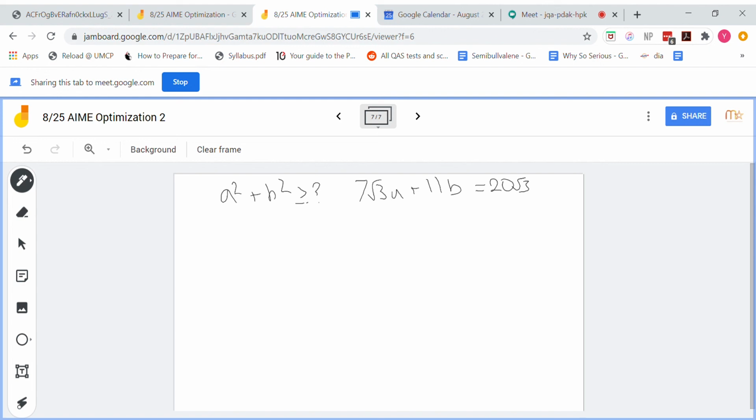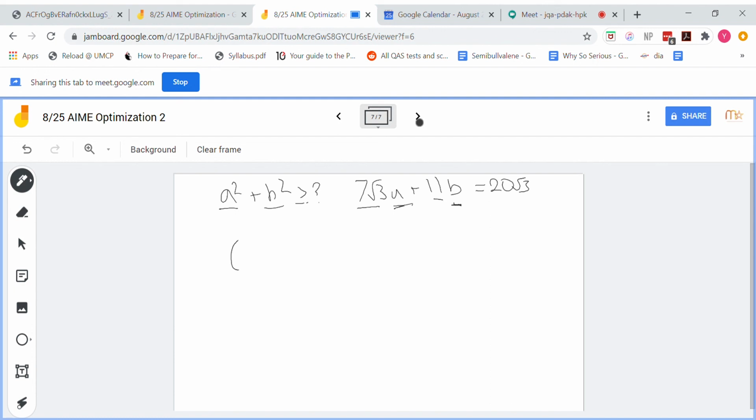So how might we do this? Well, when we're presented with A squared plus B squared and A plus B, what did we do in the previous problems? We used Cauchy-Schwarz, right? So here the coefficients on A and B are no longer 1 and 1. Last time we assumed they were 1 and 1, but here there's 7 root 3 and 11.